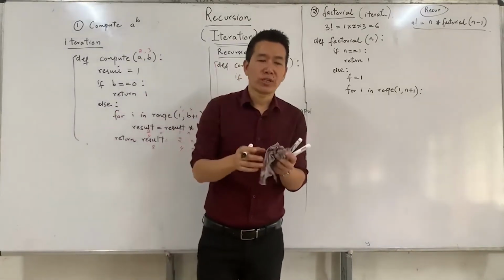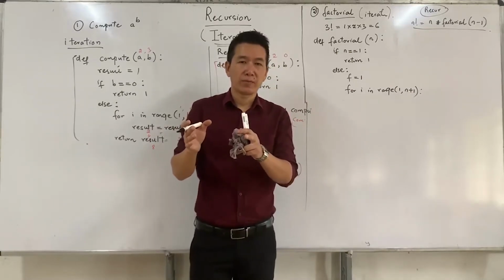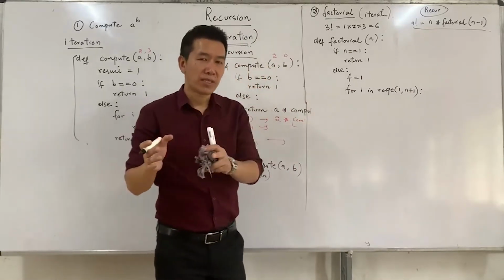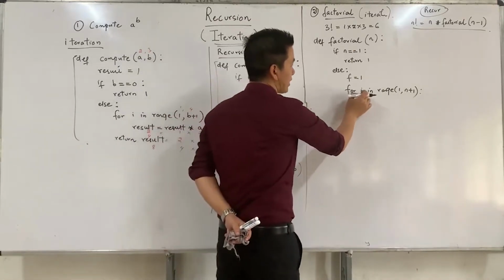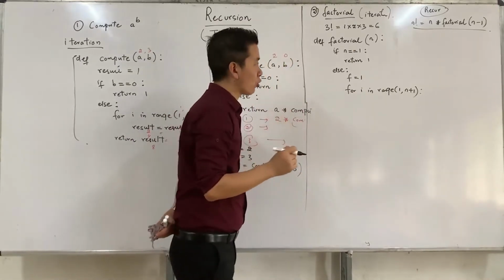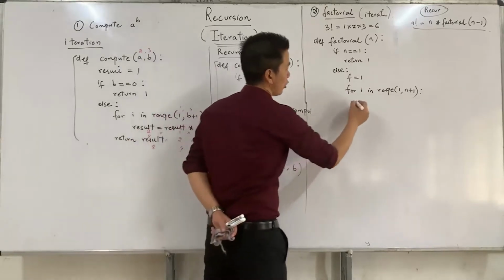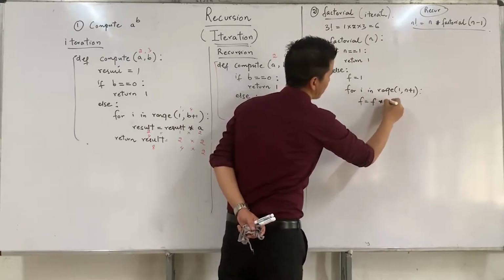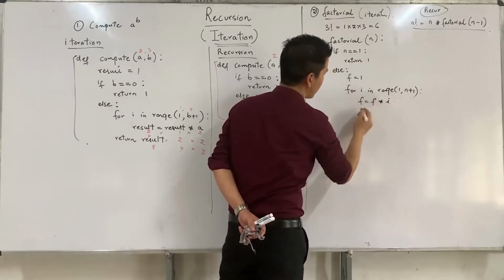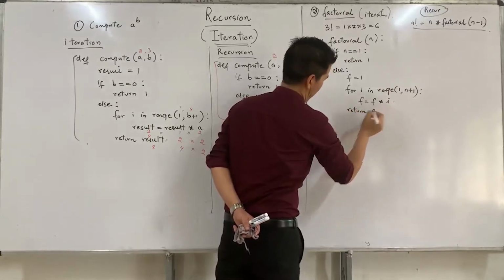The question demands us to be multiplying the numbers in a pattern of 1, 2, 3, 4. So we'll take the help of the loop variable called i, because i runs in a manner of 1, 2, 3, 4. So this is simple and straight, f equals f multiplied by i, and then finally you will return the value of f.